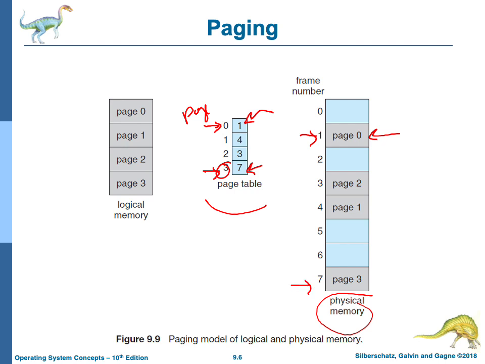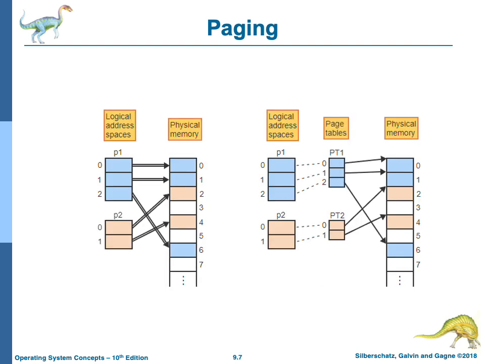If we go to frame number 7, we're going to find page 3. And so as you can see here with paging, one process is divided into multiple pages, and those pages don't have to be mapped into one single variable size chunk in the physical memory, but instead every page can go into any free frame that is available in memory. They don't have to be contiguous.